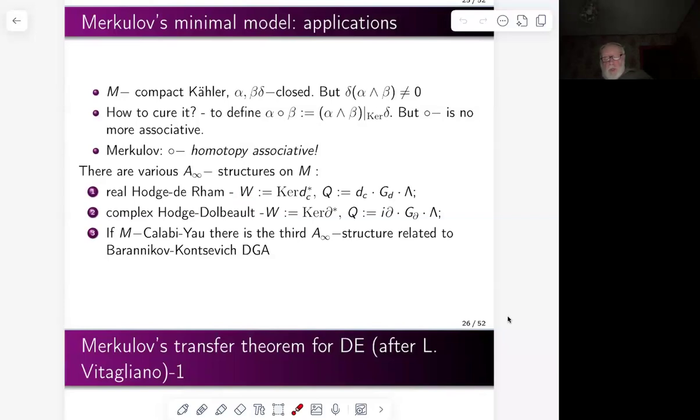You remember the d^c operator, which is I inverse d I. And the second part of this data is a Q operator. And this Q operator is a composition of big lambda, the green operator for d, and d^c.